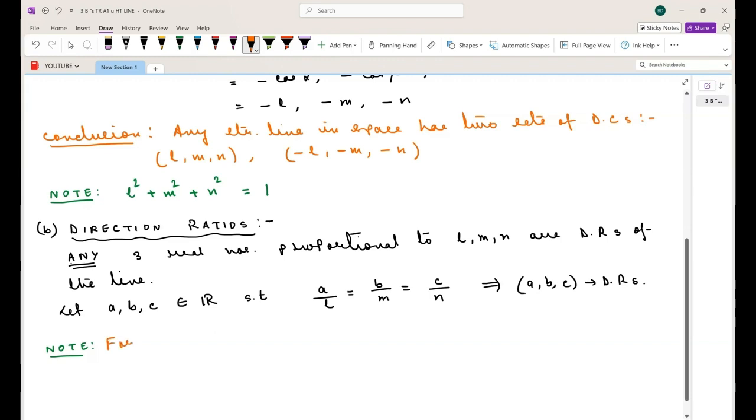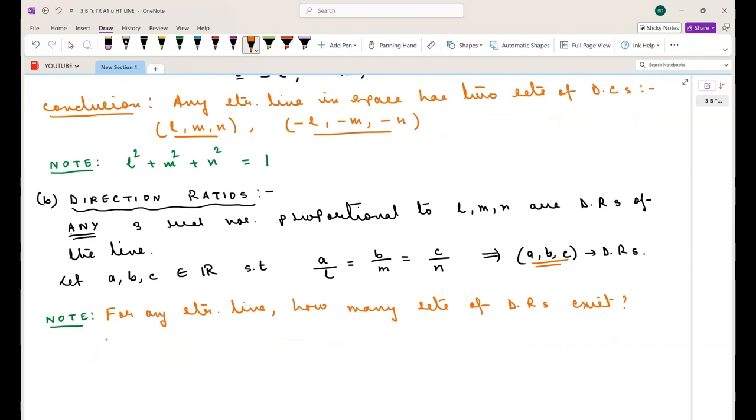For any straight line, how many sets of DRs exist? This is called a set. This is a set. This is a set. Okay, we write them like this. So how many sets of DRs will there be? Obviously, the answer will be infinite, right? So the answer is infinite.